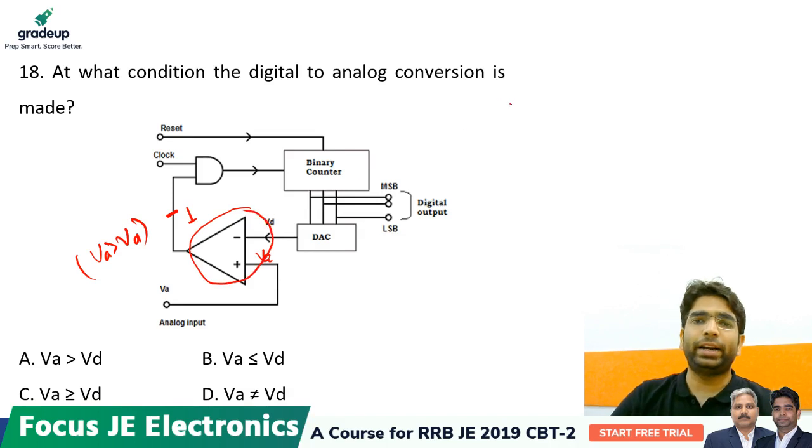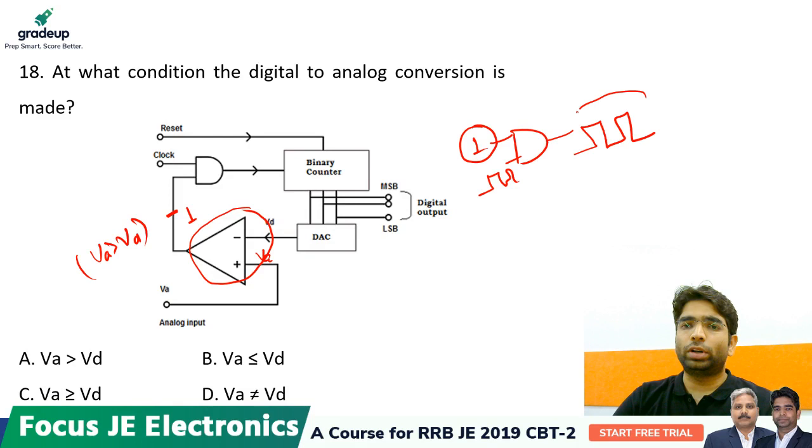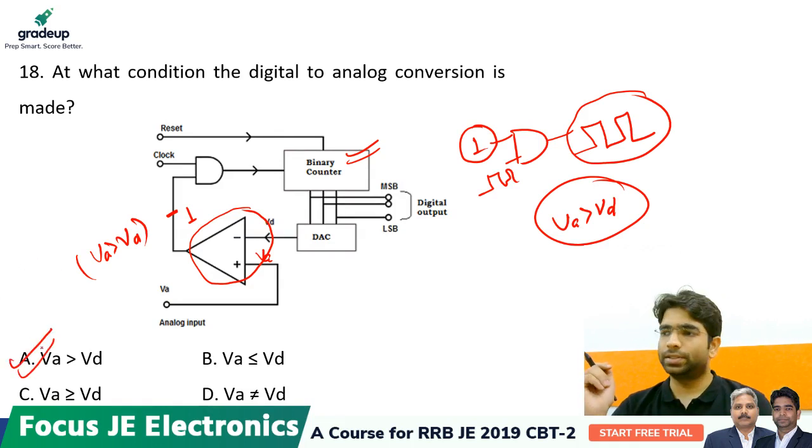If the output is plus 1, the AND gate having plus 1 and a clock, output will be clock. So for this to be logic 1 and for the clock to be counted by the binary counter, VA should be greater than VD.